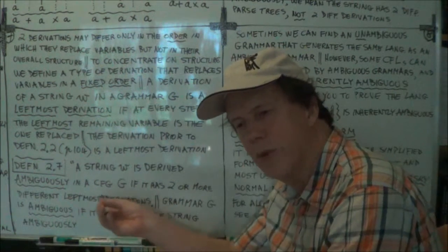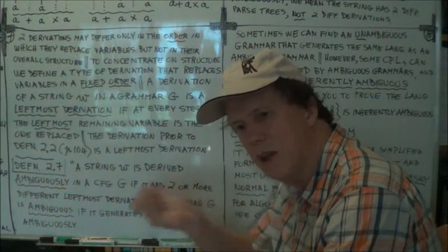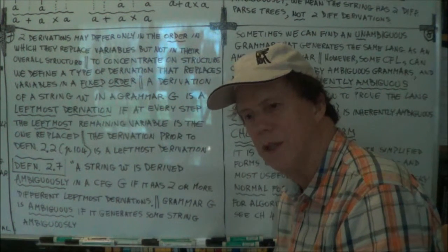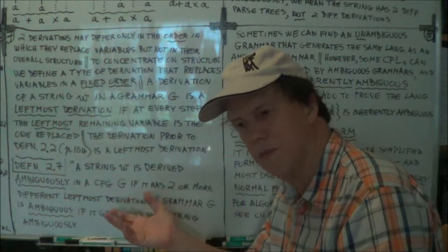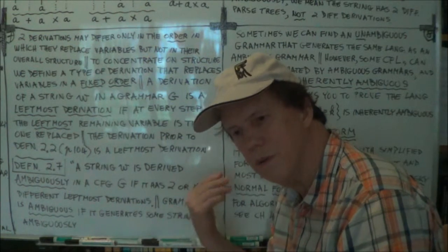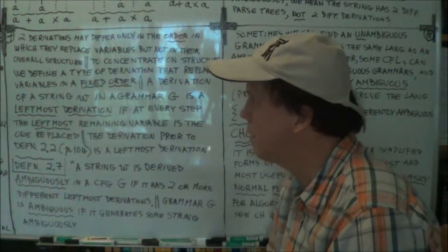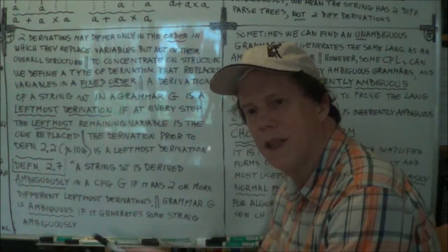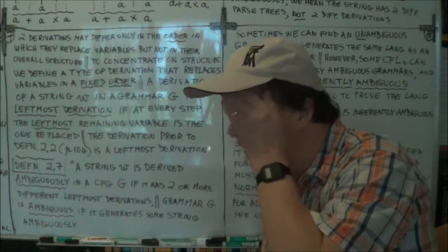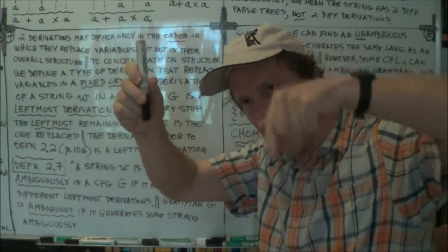That'll be a mix of terminals and variables as it exists at that moment, and each time you're applying a substitution rule to change one of the variables into whatever's on the right hand side of the substitution rule. Okay, so the leftmost derivation, to get rid of these different derivations depending on the order that you apply the substitution rule, like you do the left one and then the right one, or the right one and the left one.